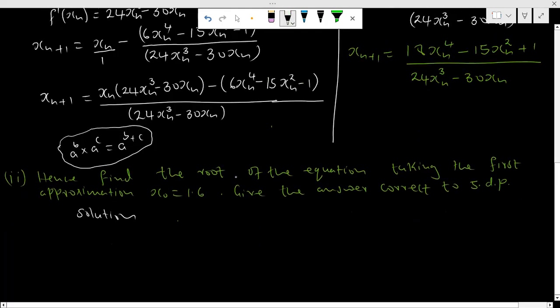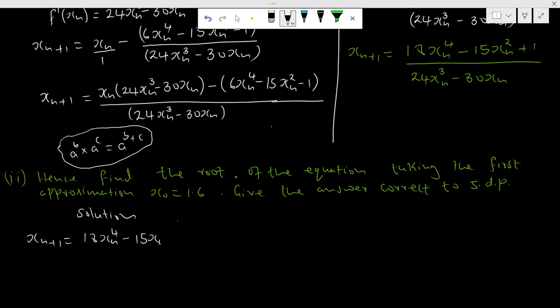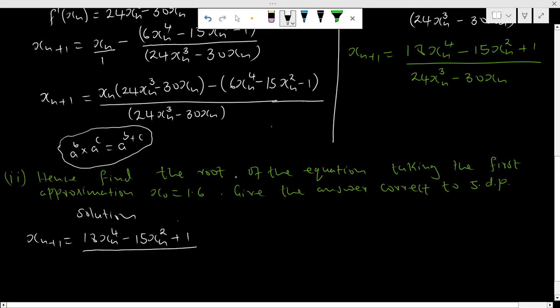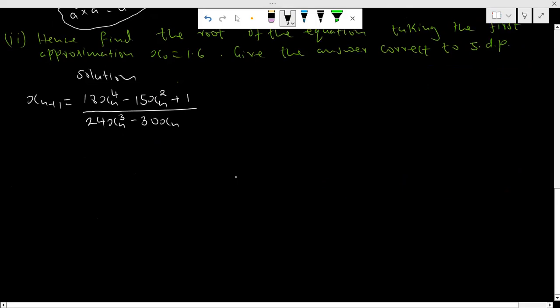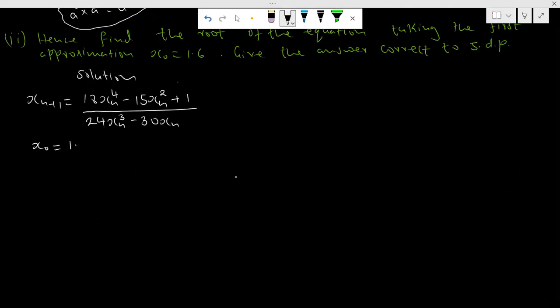Already we have proved that x n plus 1 is equal to 18 x n to the power 4 minus 15 x n squared plus 1, all over 24 x n cubed minus 30 x n. We already have our x naught being equal to 1.6.